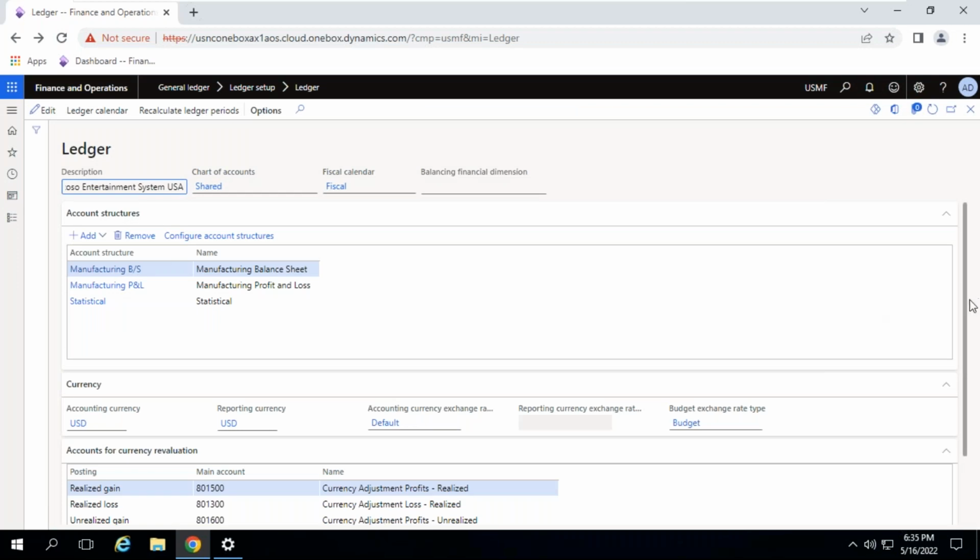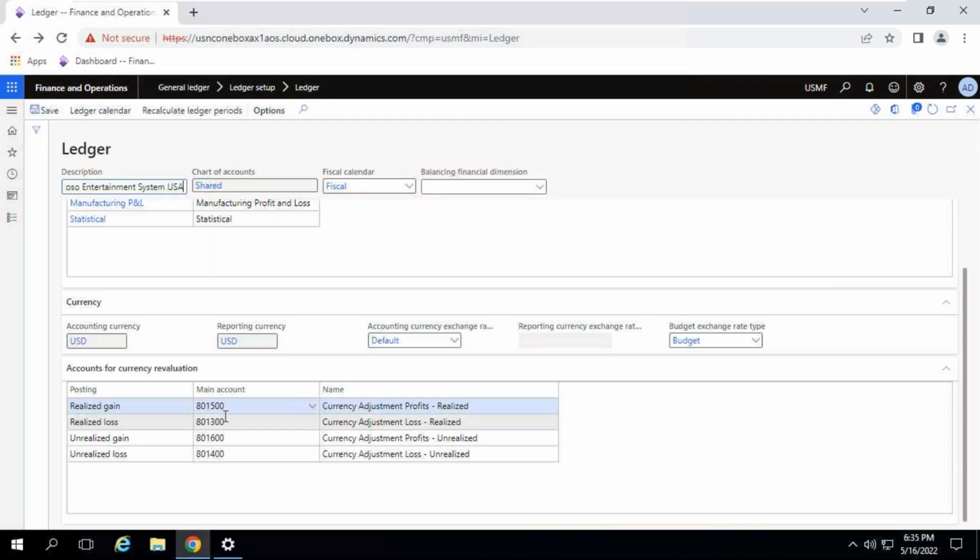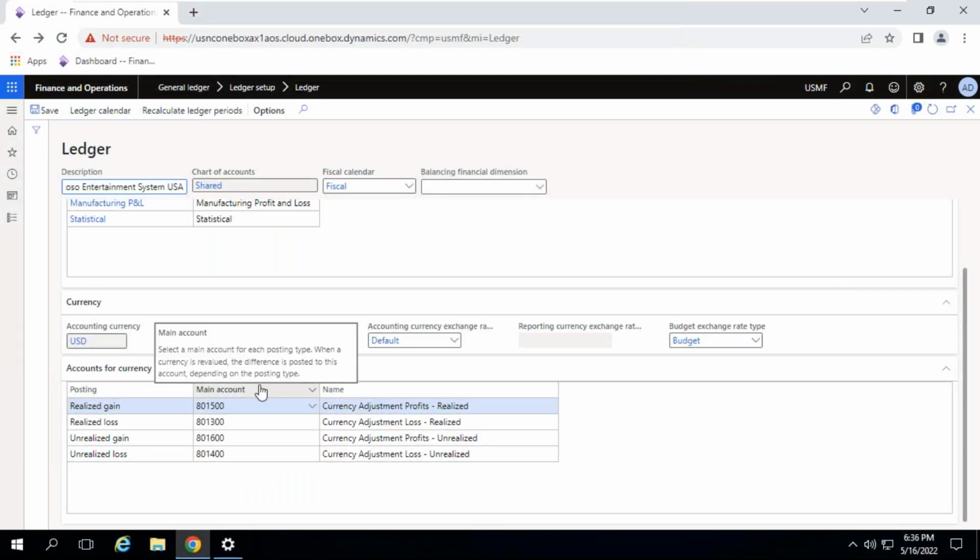You need to map here realized gain, realized loss, unrealized gain, unrealized loss. The realized gain and realized loss accounts are already there, but I'm still getting the error. But what about unrealized gain and loss? Yes, both are there. So you are saying all four accounts are mapped here.